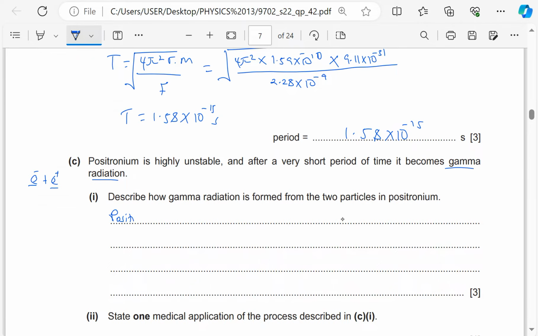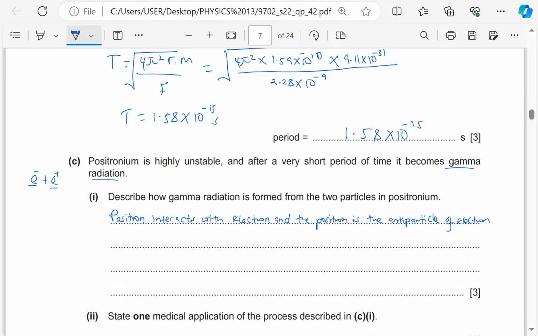The positron interacts with the electron, and the positron, of course, we know the positron is the antiparticle of the electron.